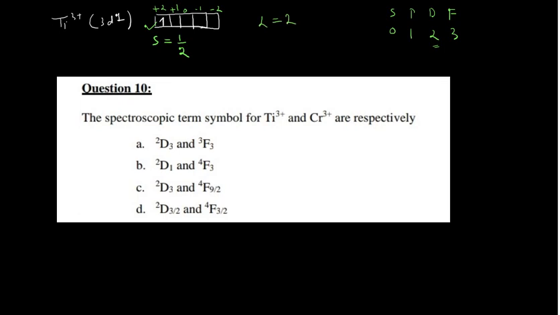Now you have the two values, value number 1 the spin, value number 2 is L. Now you want to know the J value, and when this happens, you know this d orbital is less than half filled. So in that case J value would be calculated by L minus S. Okay, so your L value is actually 2, and you subtract S from this, so this gives you 3/2. So J value is 3/2.